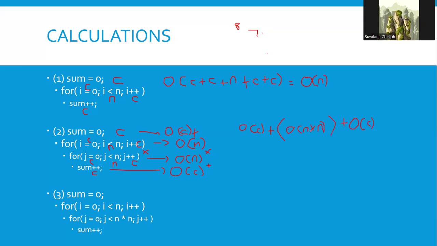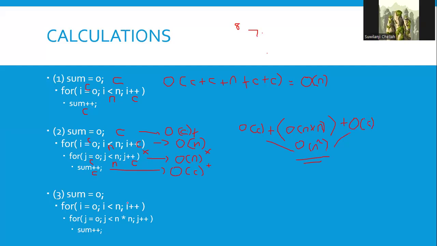What we're doing now is multiplying N times N, which gives us big O of N squared. So, big O of N squared. And then when we add this one and this one here, we see that the highest order function that we have is big O of N squared. So the time complexity of this algorithm is big O of N squared.